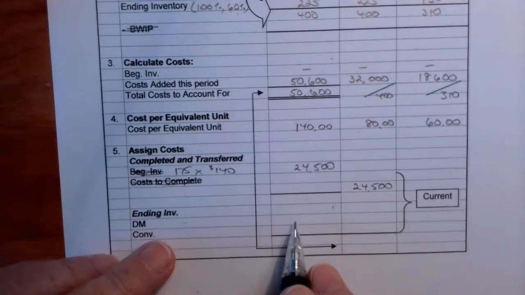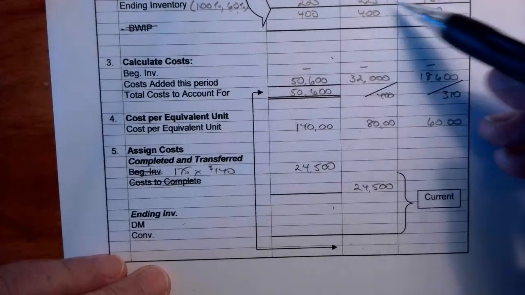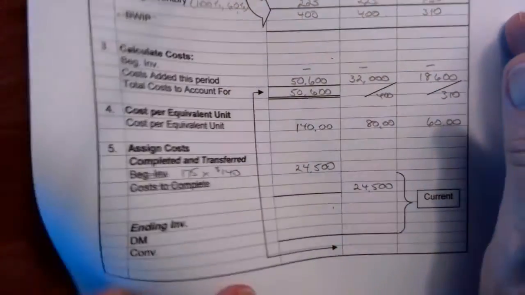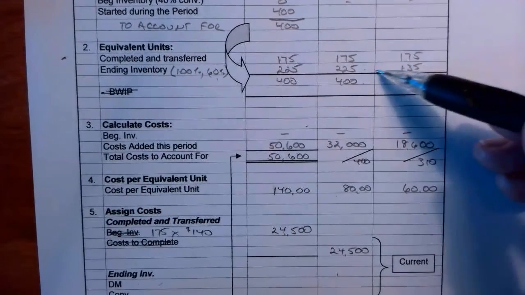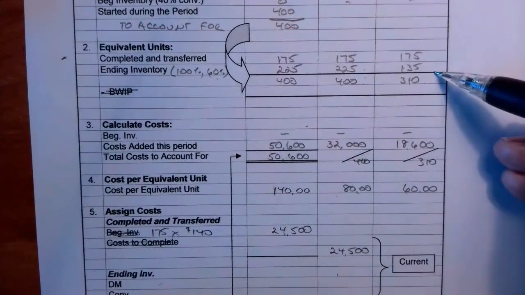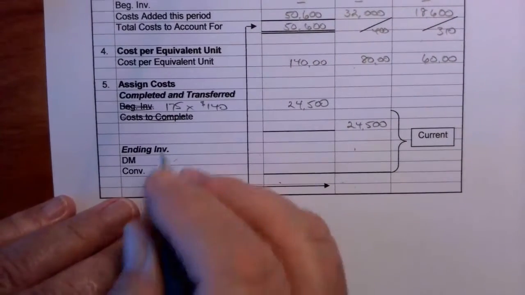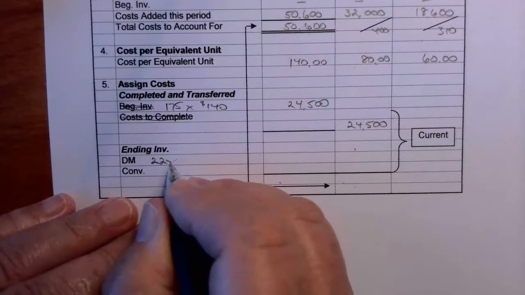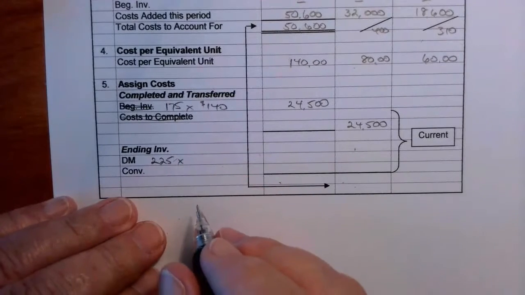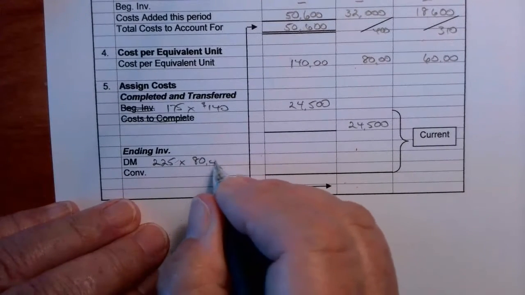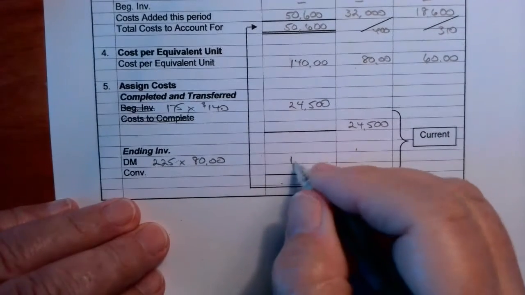And then ending inventory, I've got direct material. We'll go up here to ending inventory, the 225 and the 135. So direct material is 225 times $80 per unit, and that gives us 18,000.